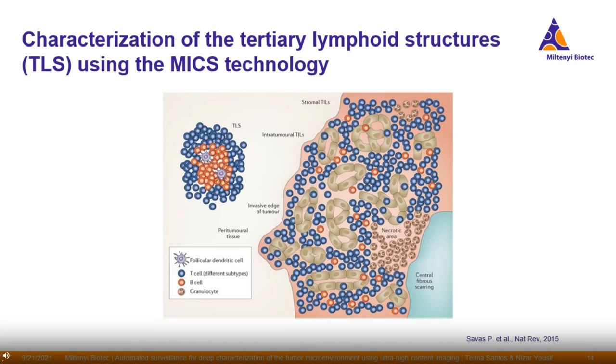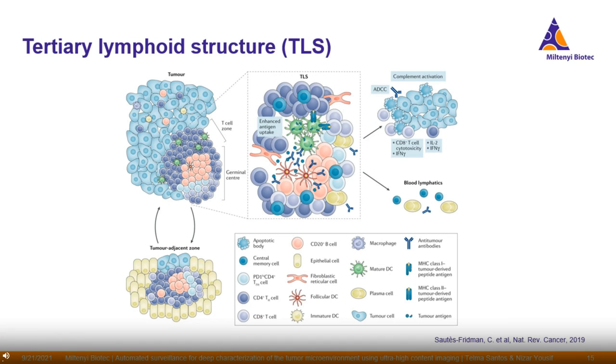This is about the characterization of the tertiary lymphoid structures in the tumor microenvironment. But before I show you data, let me say a few words about the TLS. This cartoon shows a TLS located within a tumor.